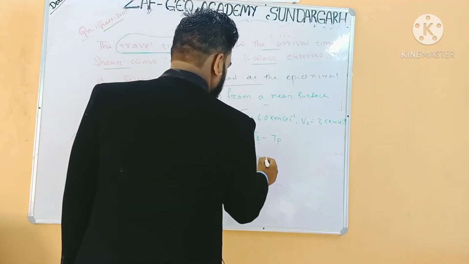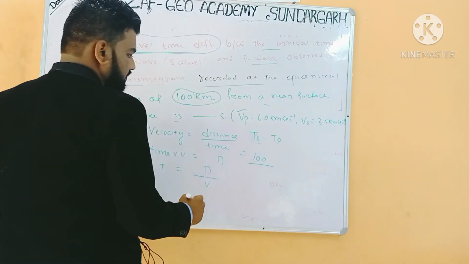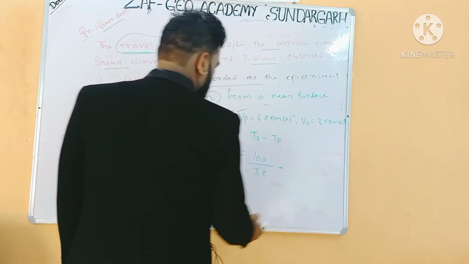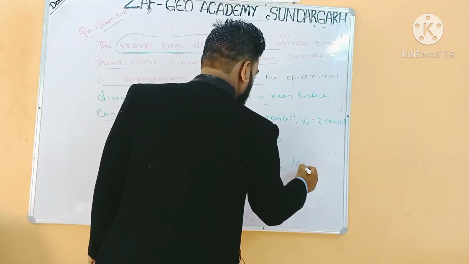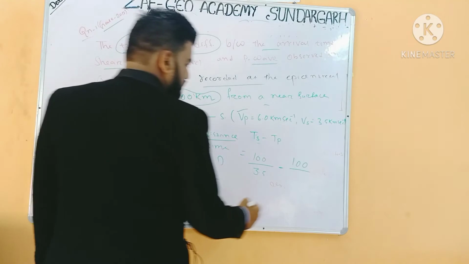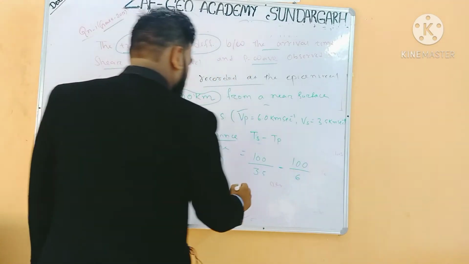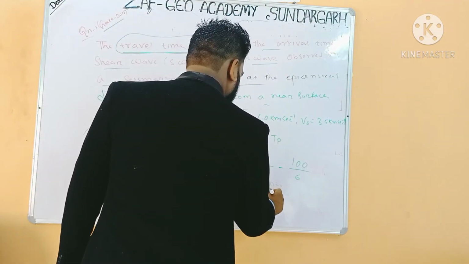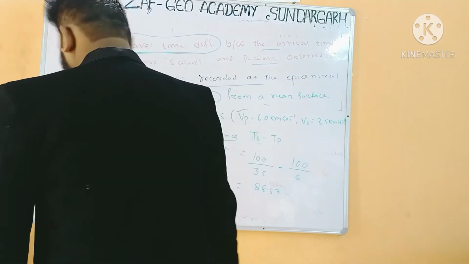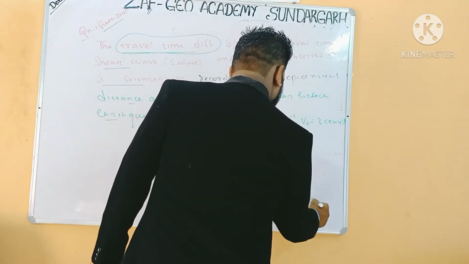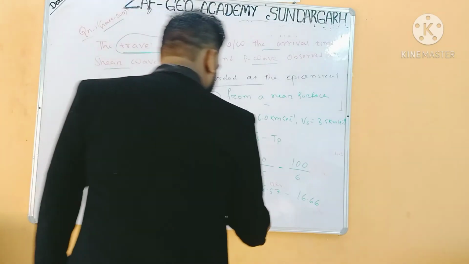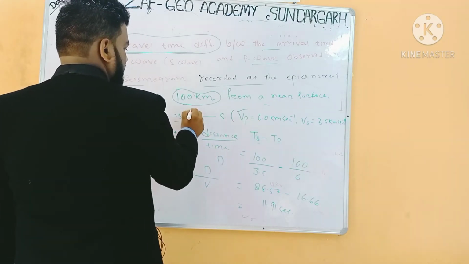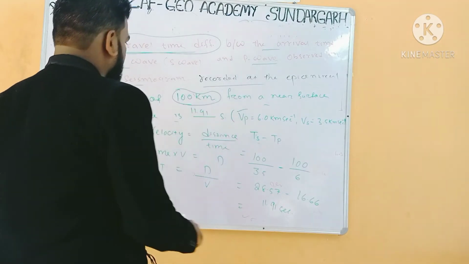Distance is constant, that is 100 km, divided by the velocity of the S wave, 3.5 km per second, minus 100 divided by the velocity of the P wave, 6 km per second. By solving this, it is 28.57 minus 16.66, and here is your answer: 11.91 seconds. Okay, done.